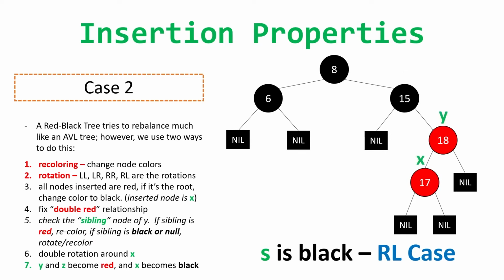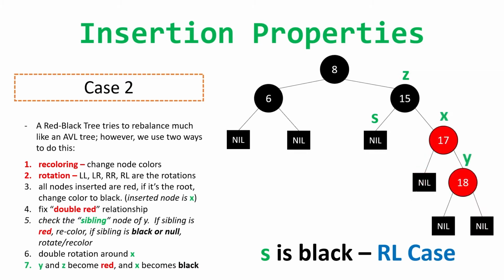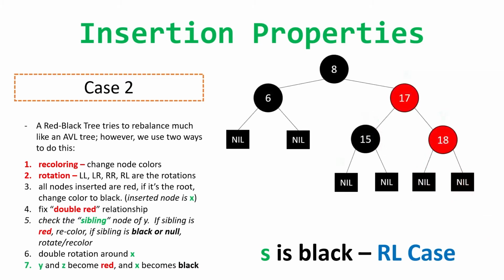We want to go ahead and label X, Y, Z, and S. The S is a black node, also because it's null, so we have to do a rotation and recoloring. This is a double rotation around X. We'll perform a single right rotation, and then a single left rotation. Now X is the root of this subtree. Now we do some recoloring. Y and Z become red, and X becomes black.